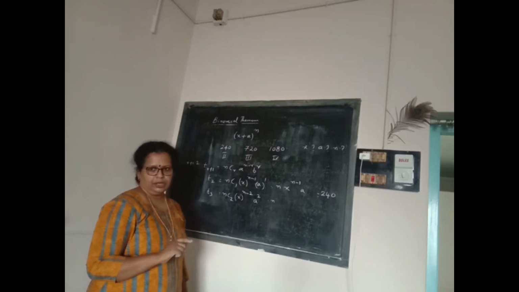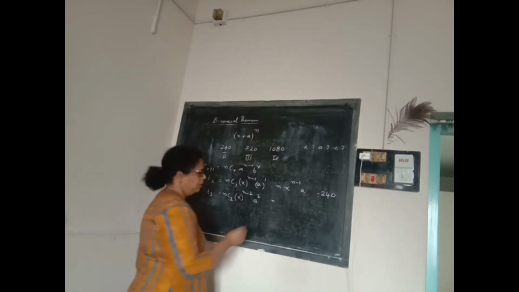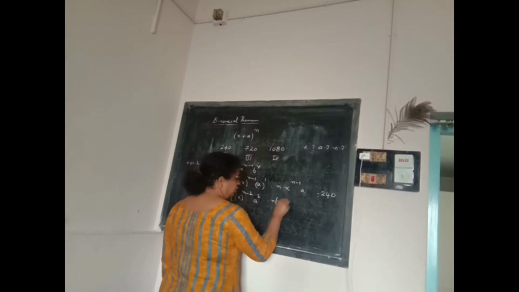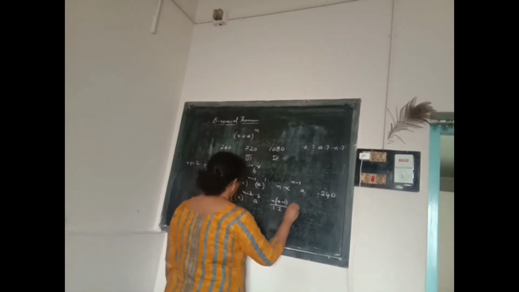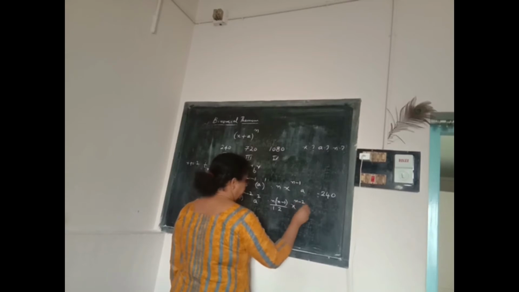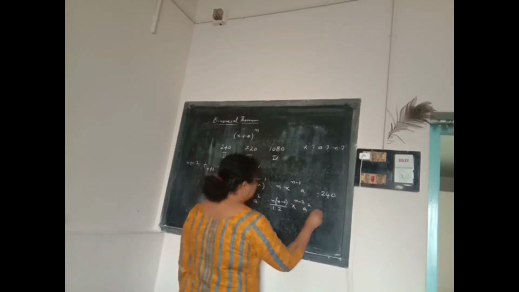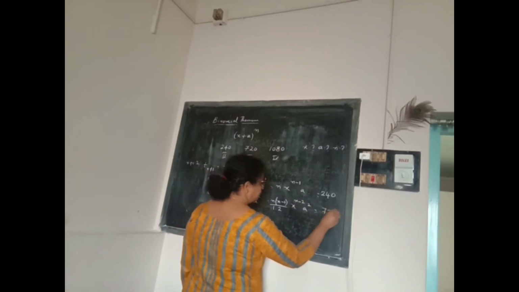So what will remain? n into n minus 1 by 1 into 2, x raised to n minus 2 a squared equal to 720.